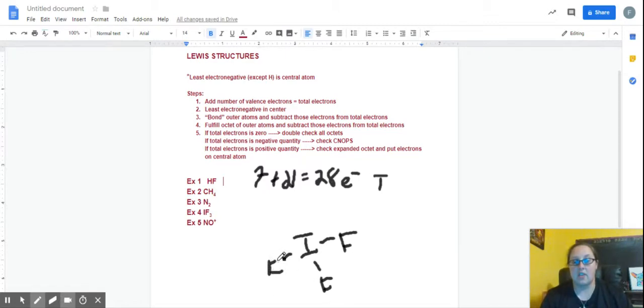Okay, so there's all of my fluorines. Now I used 2, 4, 6 in that process. So 28 minus 6 is equal to 22.